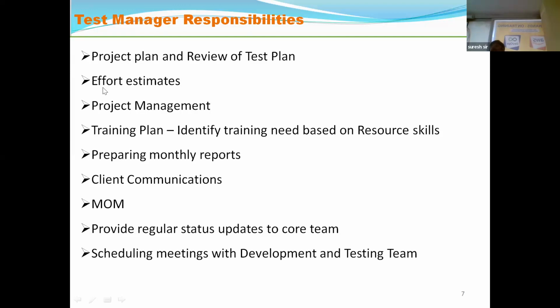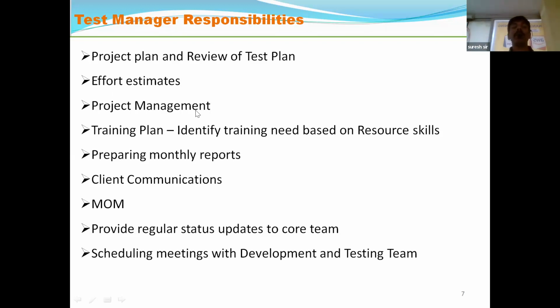As he gains more experience, moving from test lead to manager level, he has to give estimates for the project: how much time the development activity will take, how much time the testing activities will take, all the estimations for the whole project need to be taken care of by the respective project manager, or you can consider the test manager.